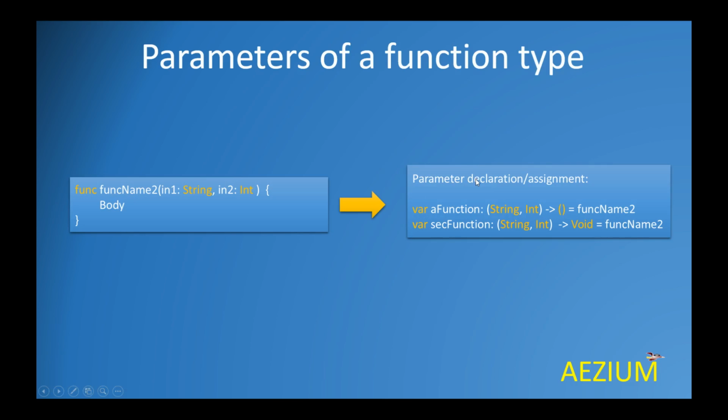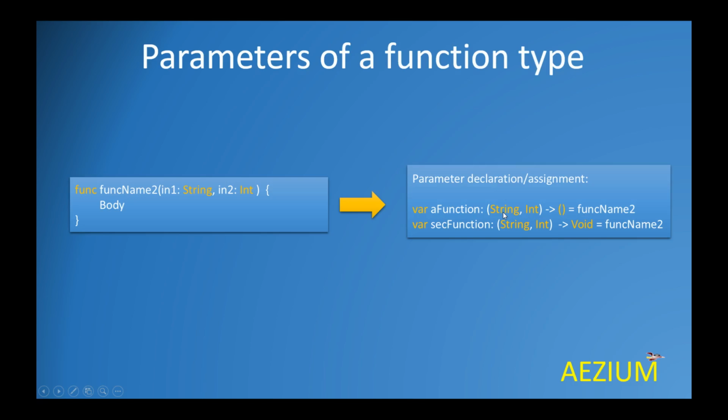Similarly, we could have simultaneous declaration and assignment for parameters whose type is a function type. For example, for this function definition, where we have no return type, but we have input parameters, the function type is given by this format, which is saying that this is the type of a function which takes two input values.